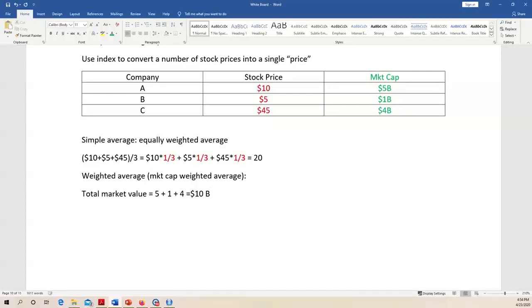And next, let's convert all three prices into one single number. The stock price for company A is still $10, multiplied by its weight. Now, it is weighted differently. Company A is the largest among the three, so company A should be the most influential, and its stock price should receive the highest weight.